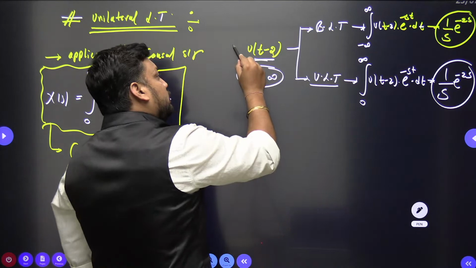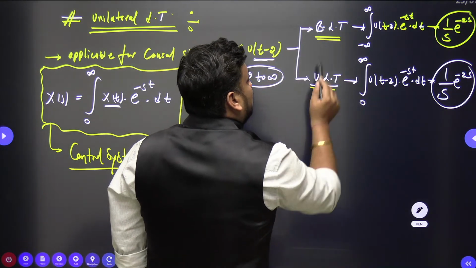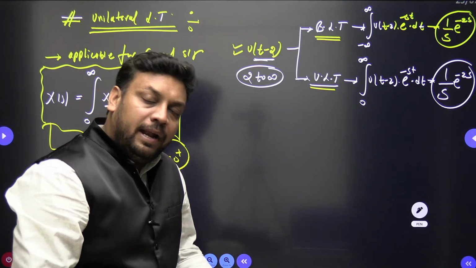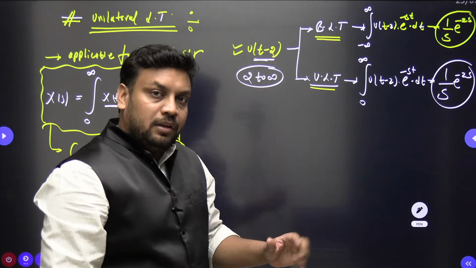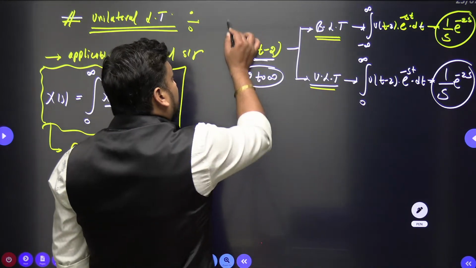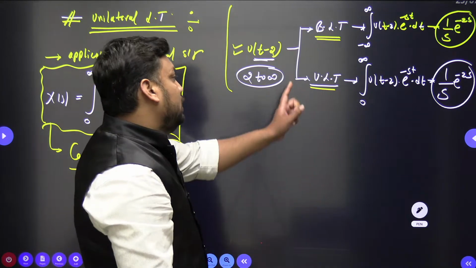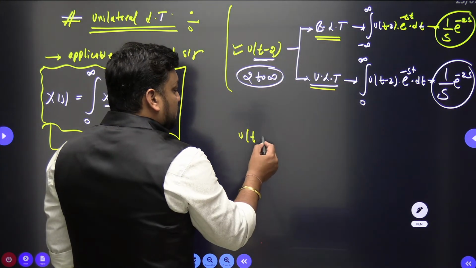For u(t minus 2), BLT and ULT are both the same. There is no difference between them if the signal has the limit 0 plus. But what will happen if the signal is u(t plus 2)?